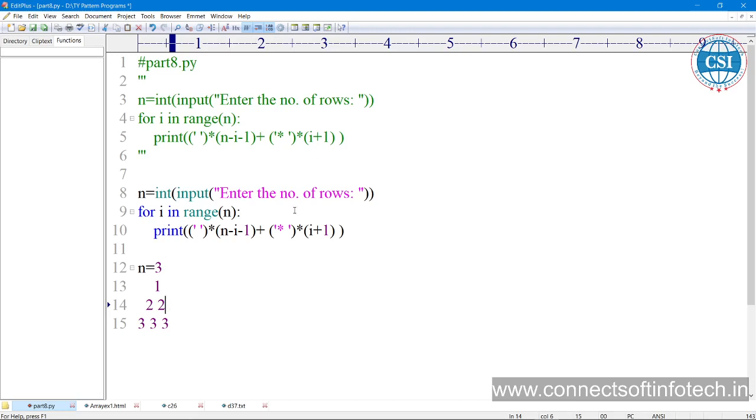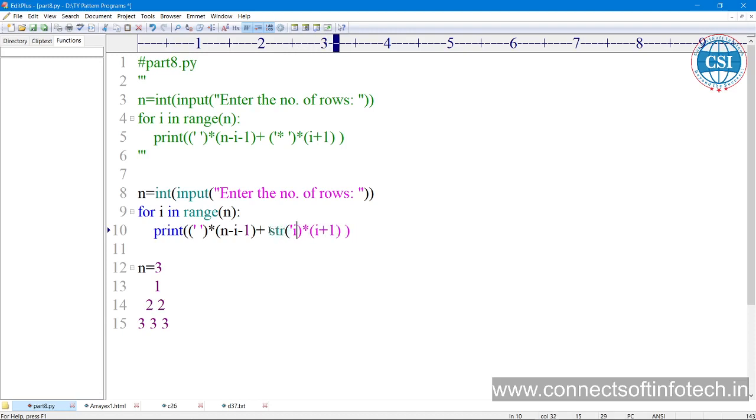Instead of this star, what do you have to write? That is i. When i is equal to 0, it's 0 plus 1, means 1. In the second row, i is equal to 1, 1 plus 1 is 2. Simple. So what we have to write: str of i plus 1, that's it.